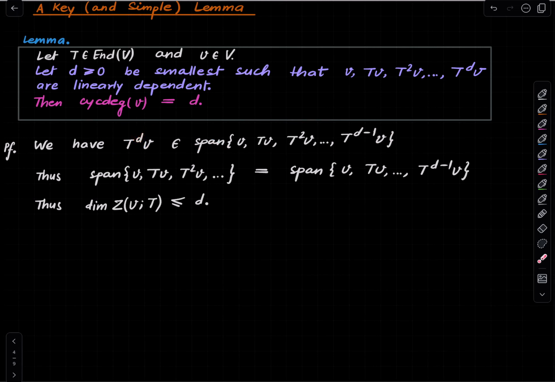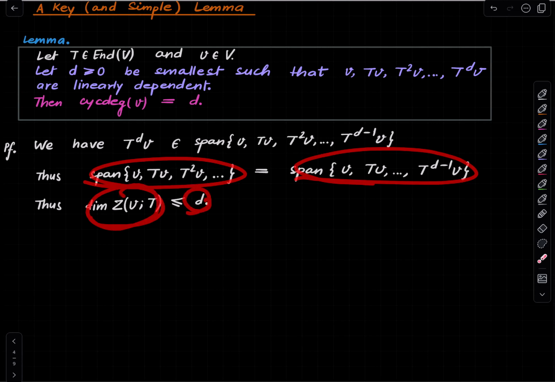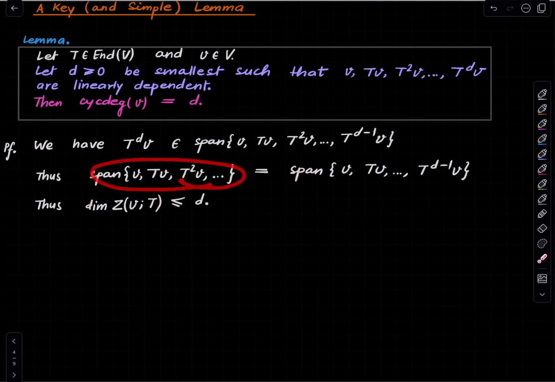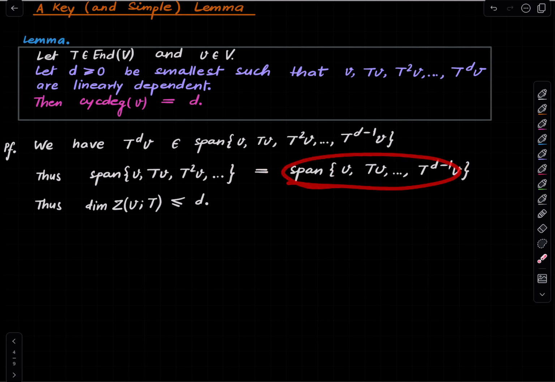Justify that for yourself. So we have this is equal to that, and hence this dimension is at most D, because the dimension of the left side is equal to the dimension of the right side, but in the right side we have D vectors which span it, and hence the dimension of the right side is at most D. So we have this inequality with us.